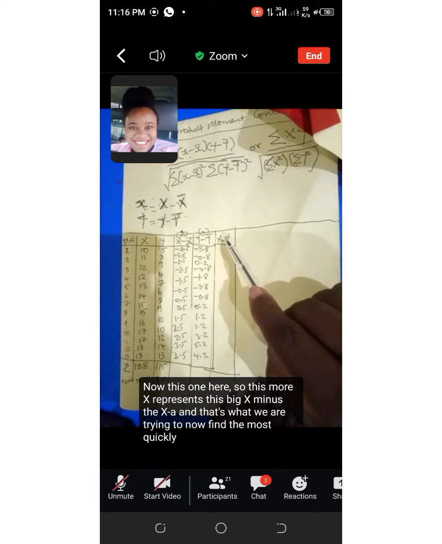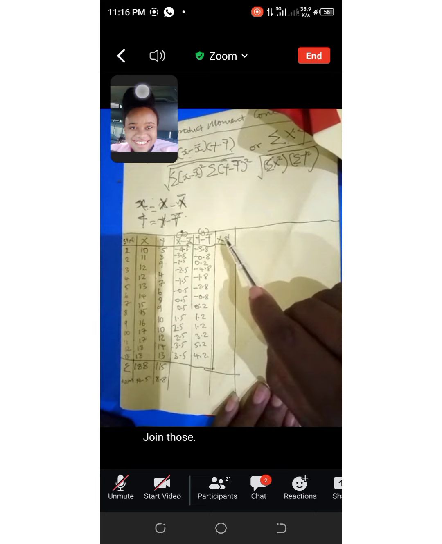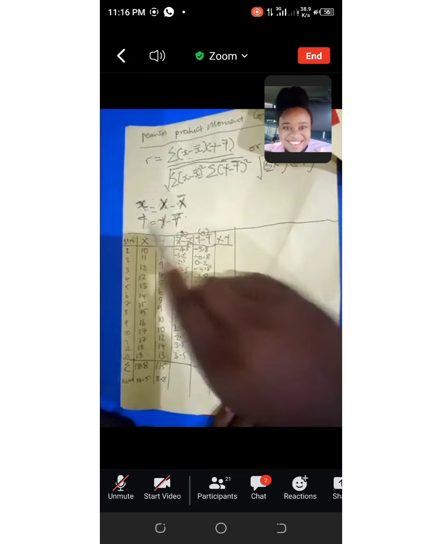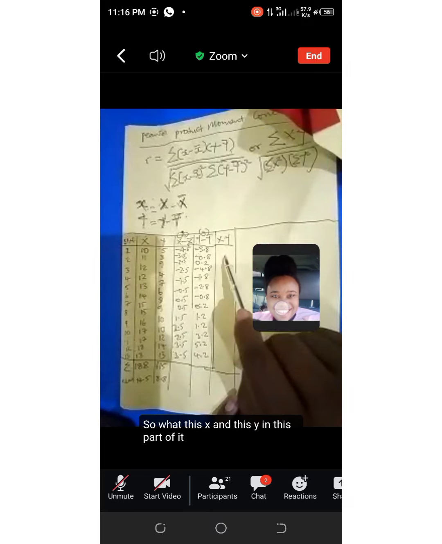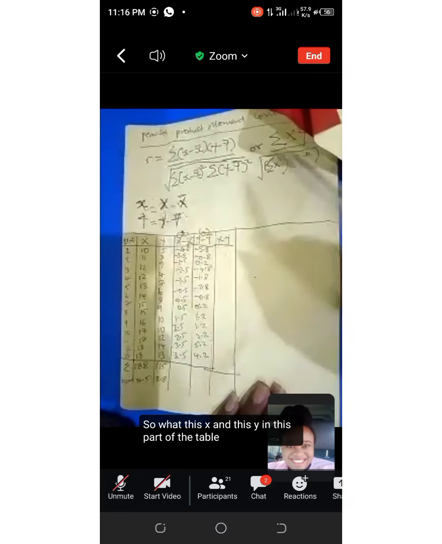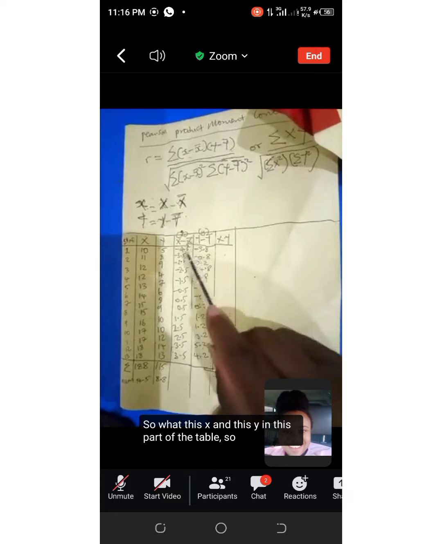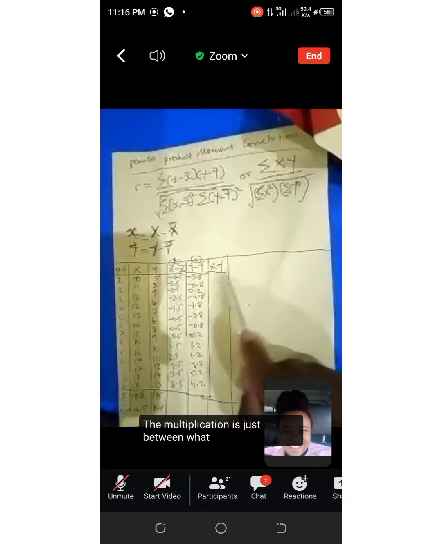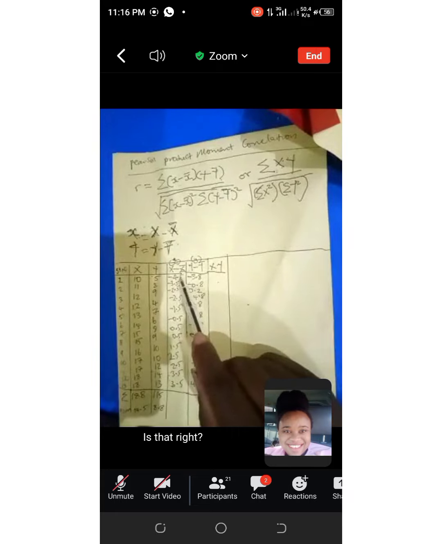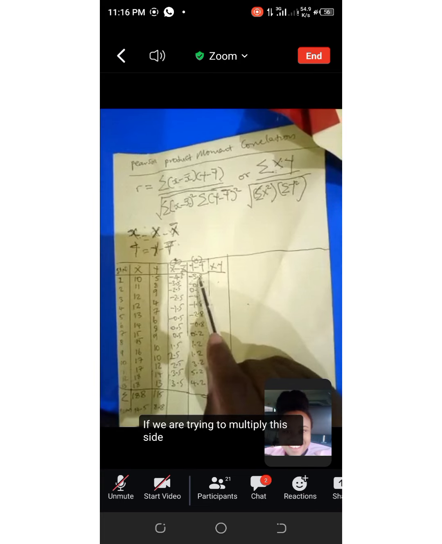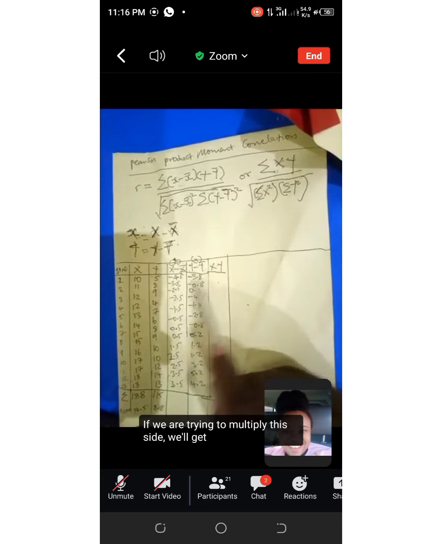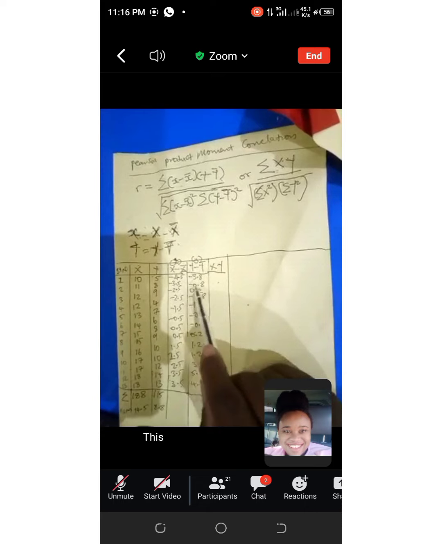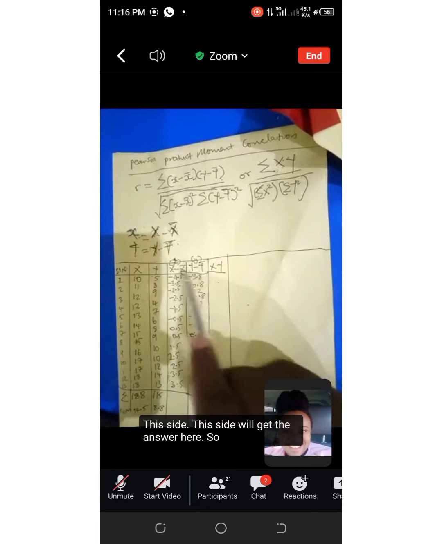So we have this x and this y in this part of the table. What we are doing here is we are trying to multiply this side times this side. We'll get the answer here. This side times this side, we'll get the answer here. So x times y, x times y, x times y.